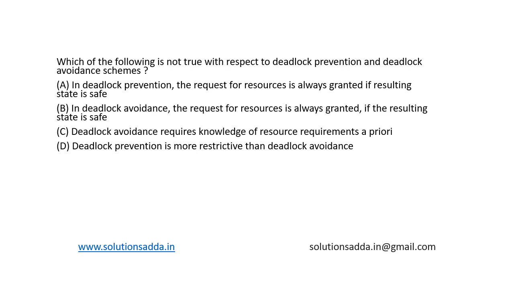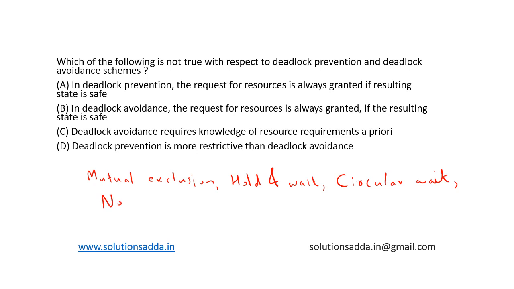This is actually not true because deadlock prevention tries to avoid one of the four conditions for deadlock, that is mutual exclusion, hold and wait, circular wait, no preemption of resources.